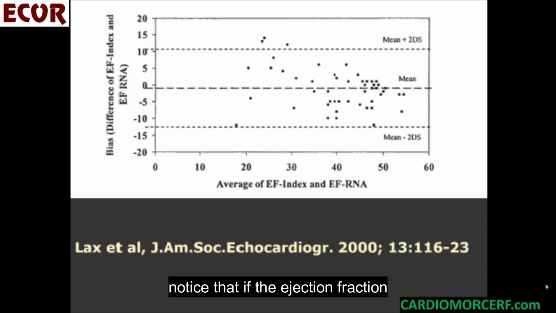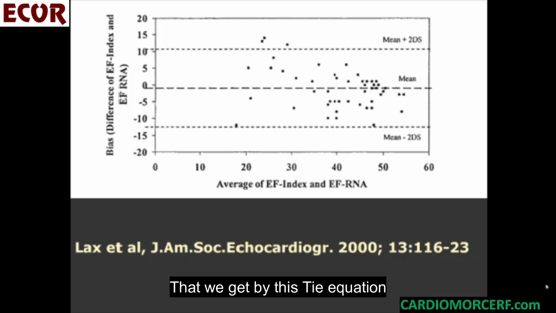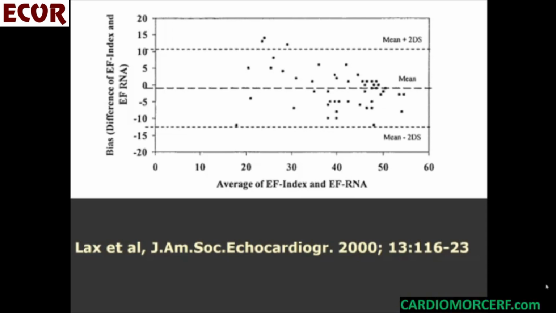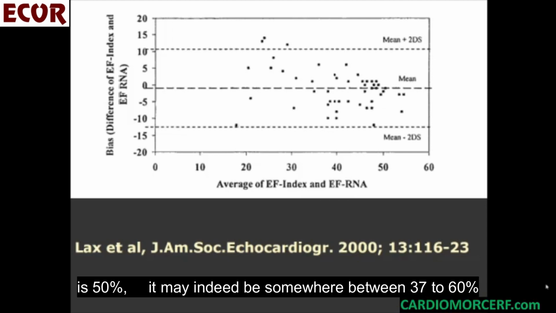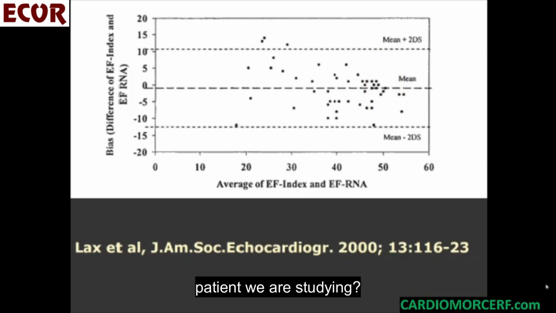Notice that if the ejection fraction that we get by this TI equation is 50%, it may indeed be somewhere between 37 to 60%. Then how can we know at what level the patient we are studying is? Is he or she normal or abnormal?